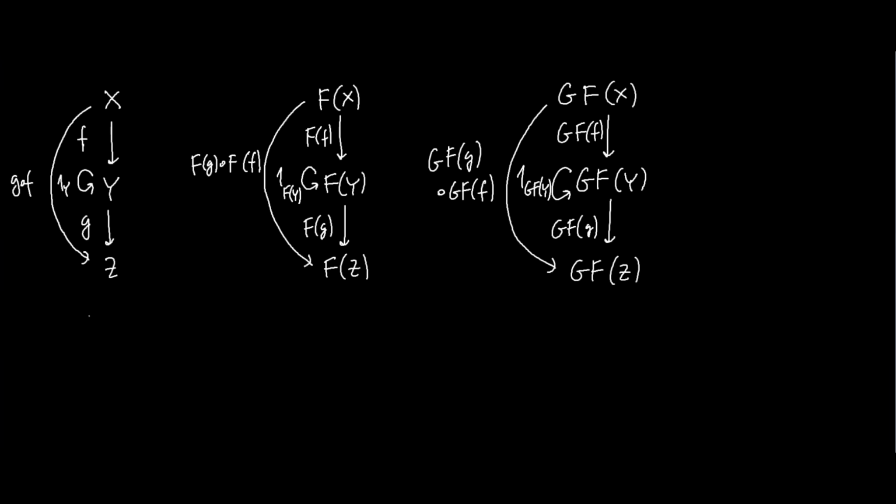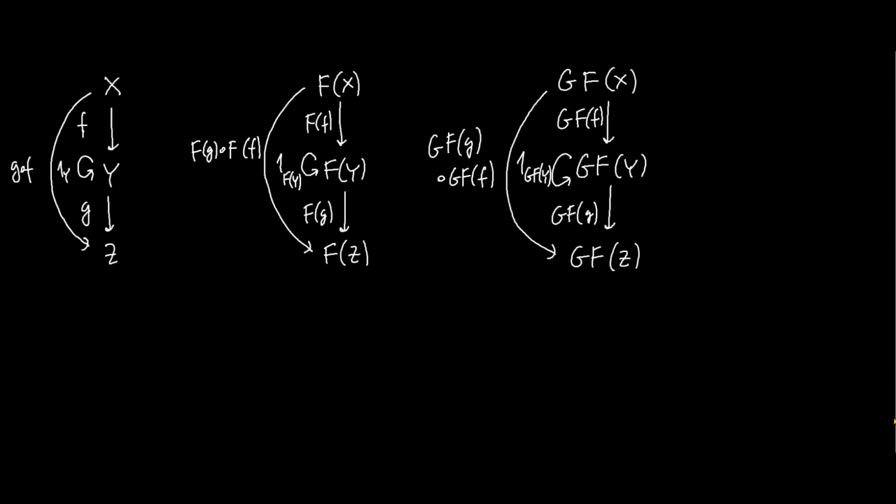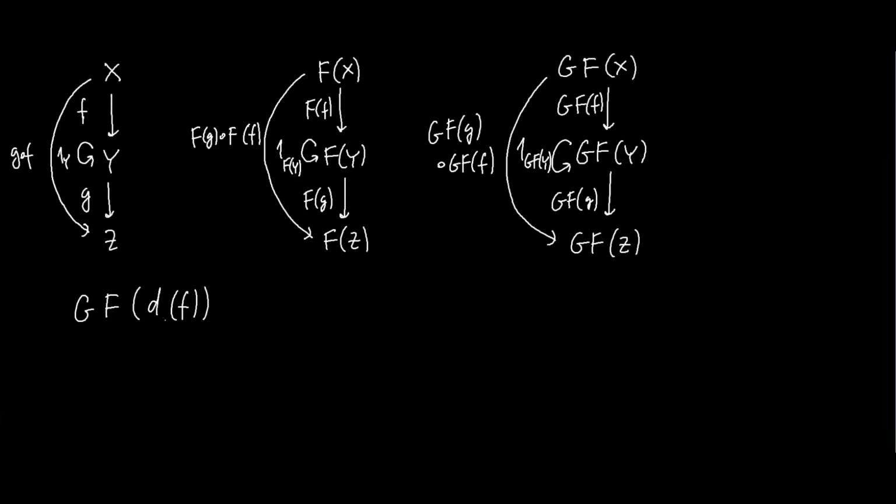So preservation of domain and codomain is fairly obvious, but let me still write it out. So g of f of the domain of a morphism f, so the domain is taking place in the category C, and then f0 and g0 will be applied to it. Because f is a functor, well, first of all, if I want to be very formal here, I first need to write the composite of g and f, and then take it 0.